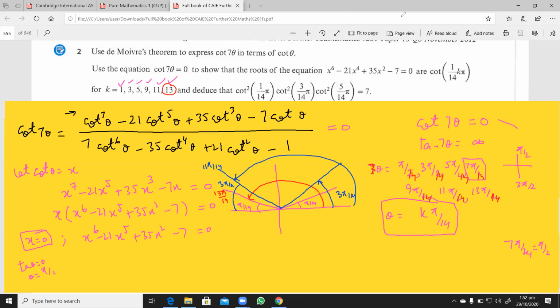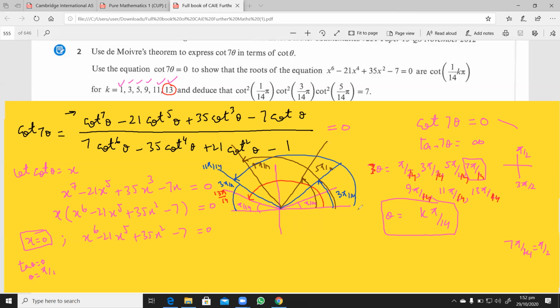And similarly, you should be very good at your trigonometry. So this is your 5 pi by 14 up to this, and therefore all of this would be 9 pi by 14.